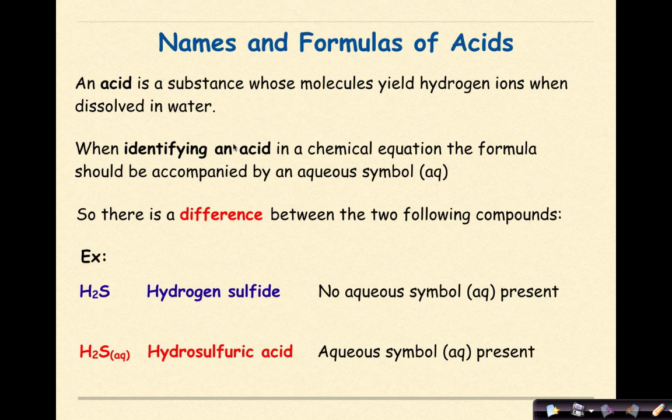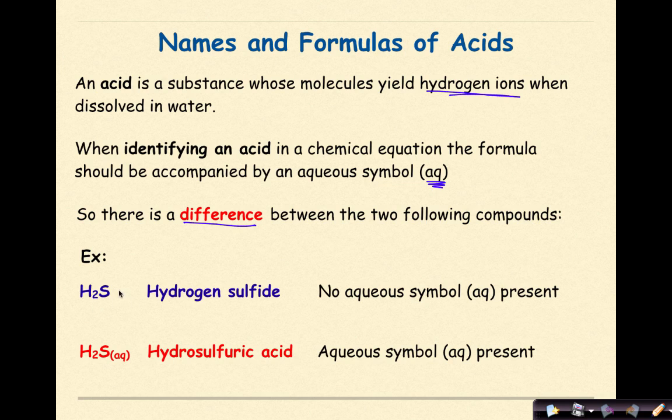Names and formulas of acids. An acid is a substance whose molecules yield hydrogen ions when dissolved in water. And we'll get into acids in much more detail in the future, but we're just going to look at a basic definition right now. When identifying an acid in a chemical equation, the formula should be accompanied by an aqueous symbol, aq. So there is a difference between the two following compounds.